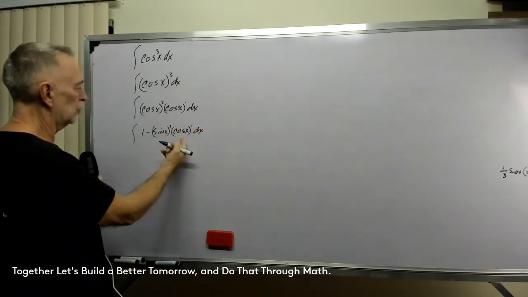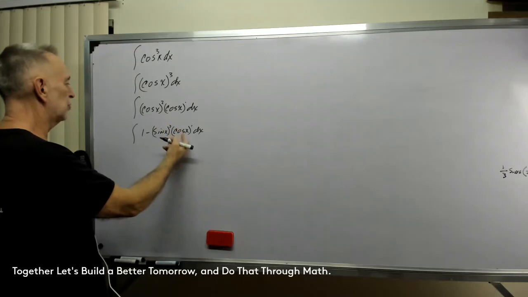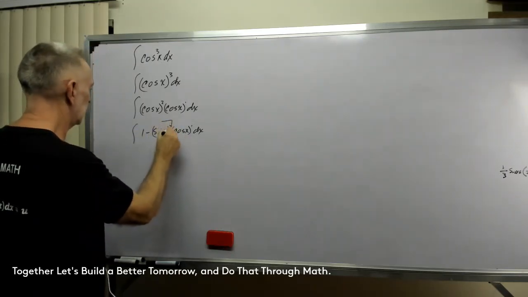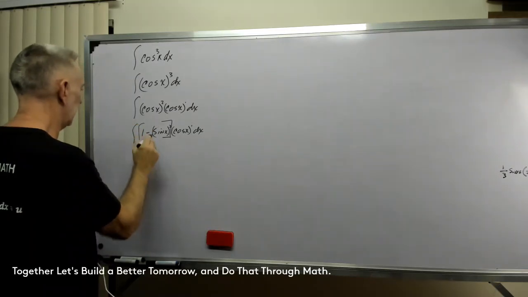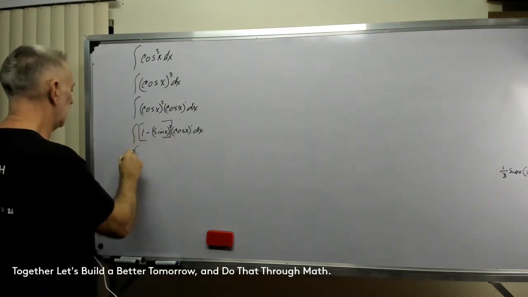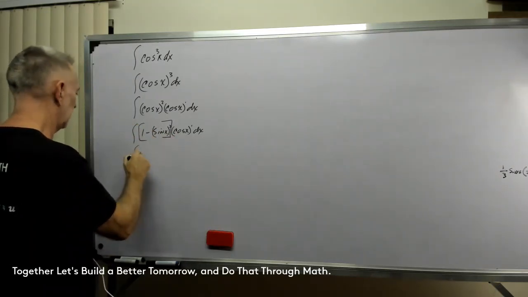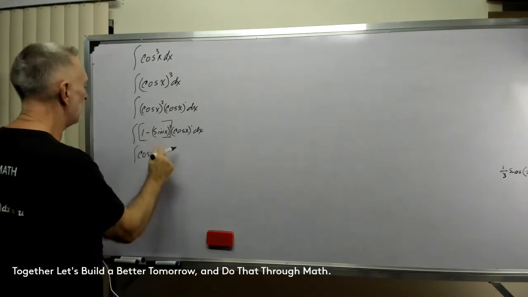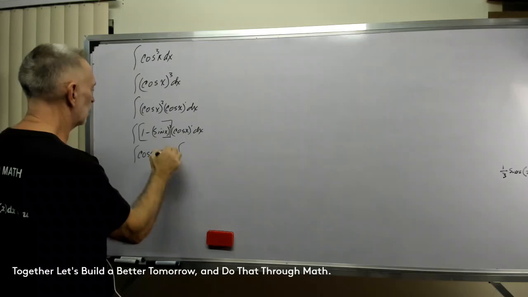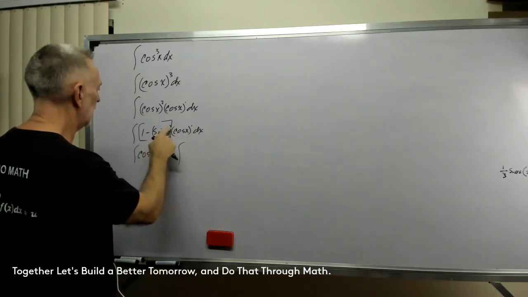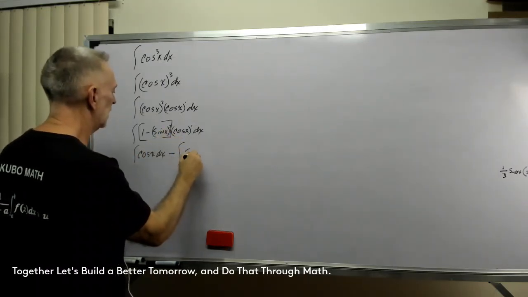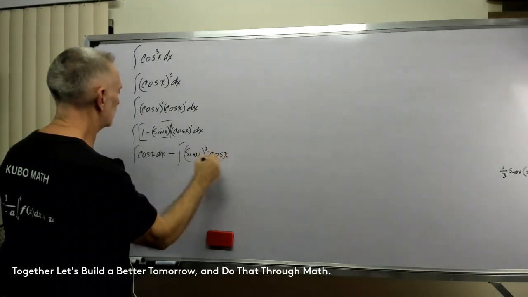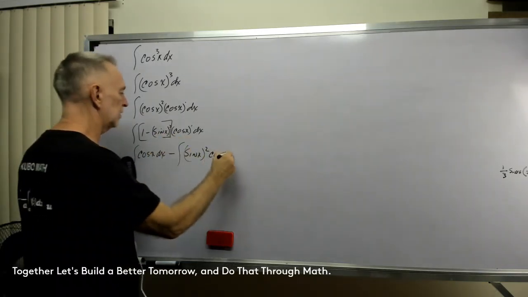Now if I were to distribute the cosine x onto everything else here, let me put brackets about that. So now I have the integral of cosine x times 1, which is just cosine x dx, minus the integral of sine x squared cosine x dx.